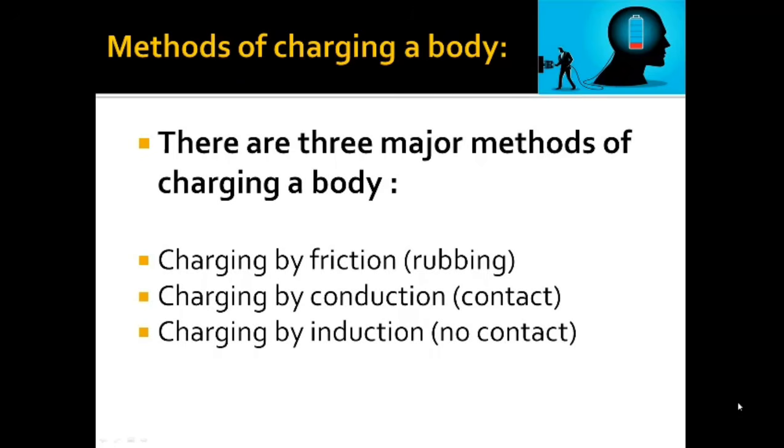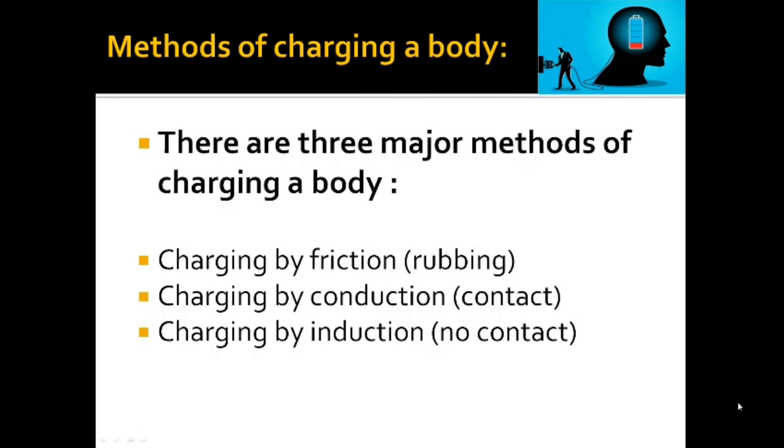Methods of charging a body. There are 3 major methods of charging a body or generating charge. The very first one is by friction. Here we'll have 2 bodies rubbing on each other. The second one is by conduction. Conduction is where 2 bodies just come in contact with one another.